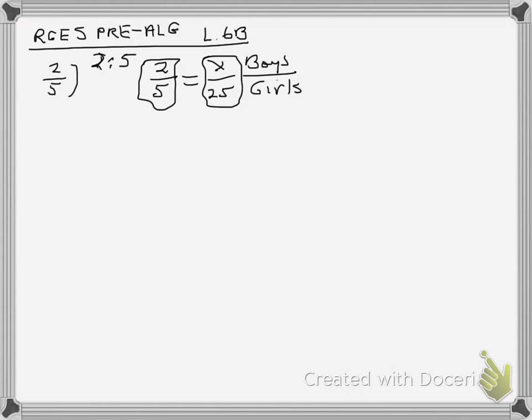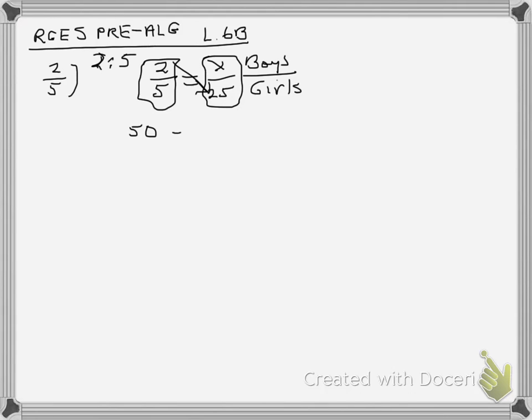And one of the ways we talk about solving that is we say cross multiply. To cross multiply simply means you take the top left and multiply it by the bottom right, like that. And 2 times 25 is 50.